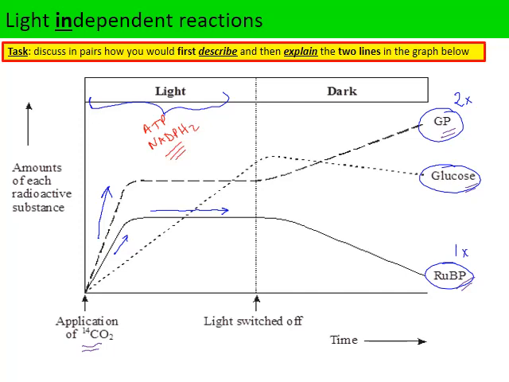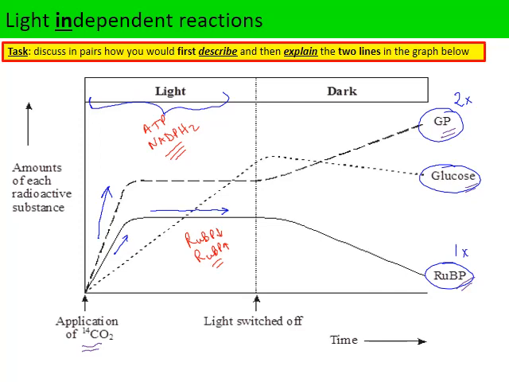The G3P is being converted to triose phosphate, and some of the triose phosphate is being used to regenerate ribulose bisphosphate. So even though ribulose bisphosphate is being used up, it's also being regenerated from triose phosphate, and that's why it stays constant in the light.